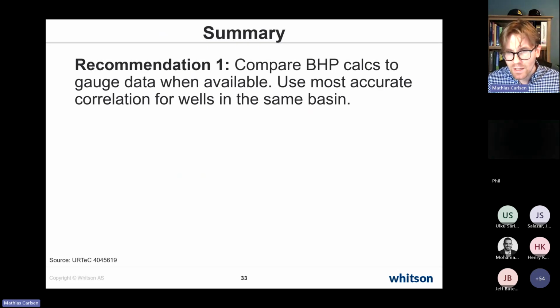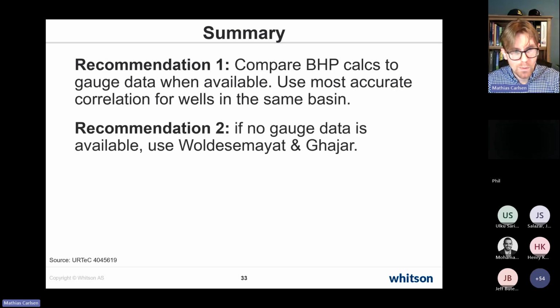If you don't have any gauge data, what I do and what we recommended from the study is to use the recommendation in the paper and probably default to Smart and Guyar if you don't have any other information. But do that investigation work. If you have gauges, get comfortable with what correlations to use on other wells in the basin. I know a lot of you have done this already.